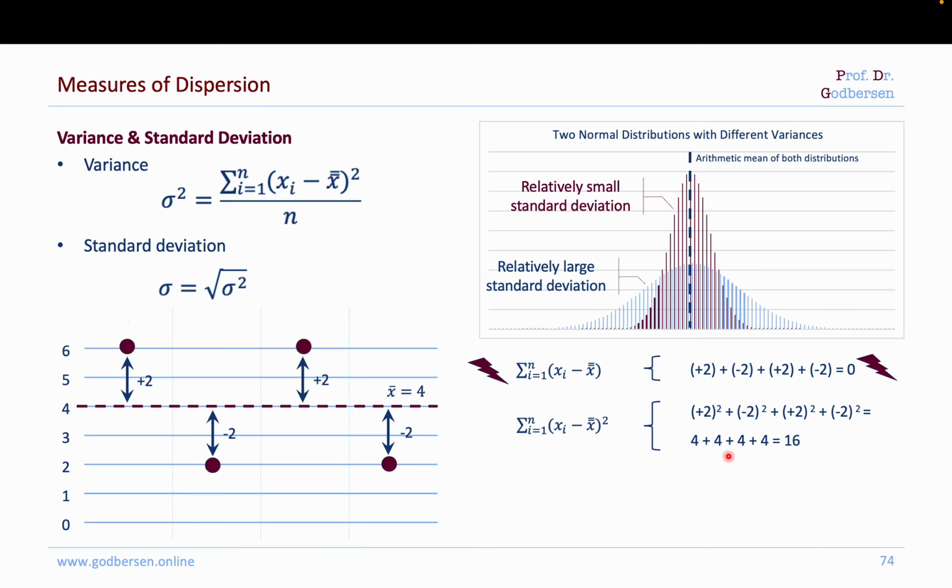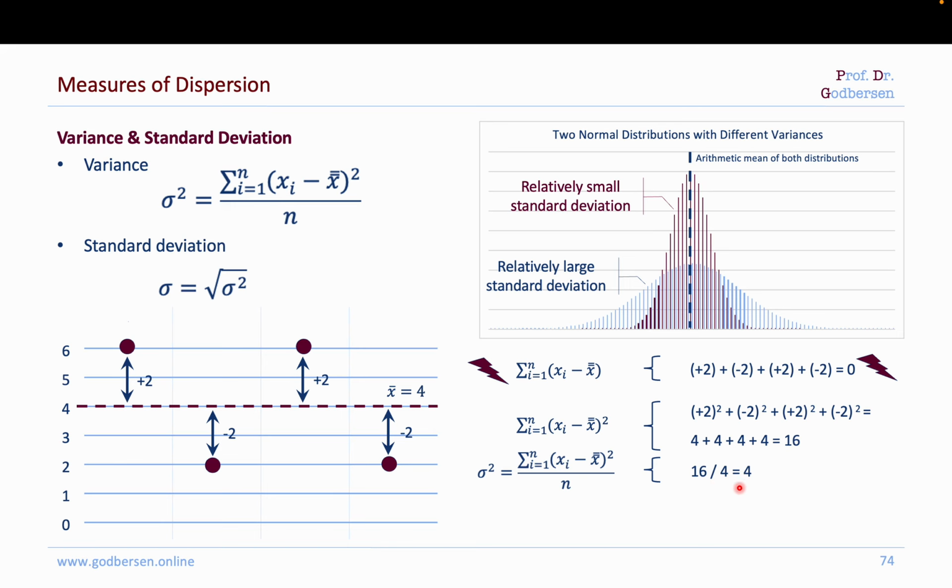So 4 plus 4 plus 4 plus 4 equals 16. This is the numerator of the variance. We had 4 participants, so we divide our 16 by 4. Now we have the entire equation for the variance: 16 divided by 4 equals 4.